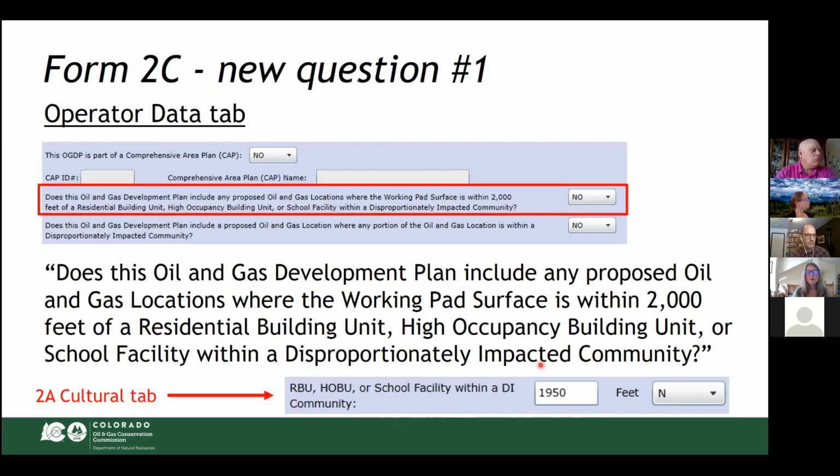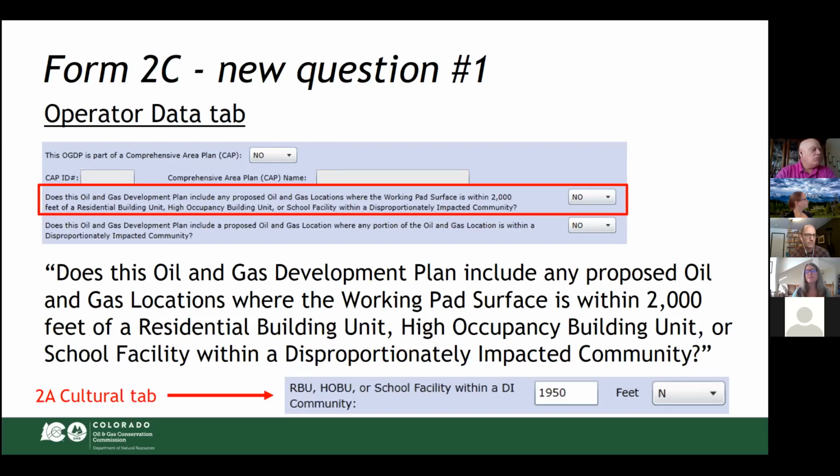If this number that you've entered on your 2A is less than 2,000 feet, you will answer yes on the Form 2C on this question. So you'll have to look at all of these distances on all of the 2As. If any one of those 2As has a location less than 2,000 feet, you have to answer yes on the Form 2C for this question.